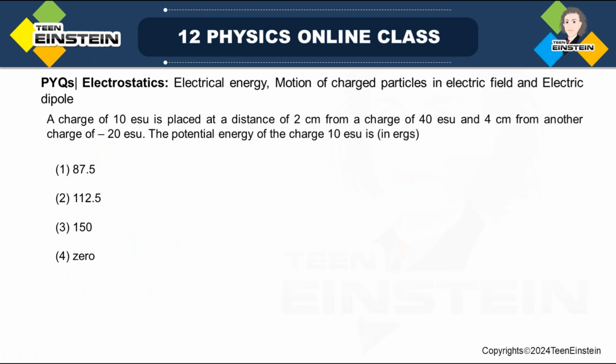Now, this is an interesting question. See, a charge 10 ESU is placed at a distance 2 centimeter from a charge 40 ESU. Okay, let me just tell you what it is saying. Suppose this is 10 ESU, positive 10 ESU. It is somewhere here.